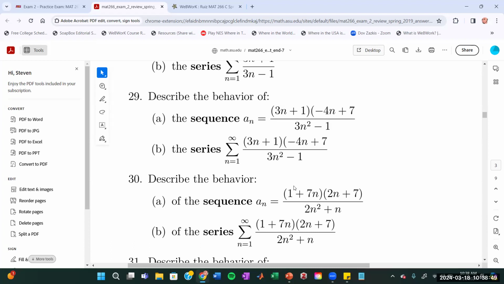Okay, let's talk about that too. So, hold on, let's answer this question, and then we'll start modifying. The answer to A is that it converges to -4, right? That's what this shows. What does the series do? Okay, let's be really clear, why does it diverge?